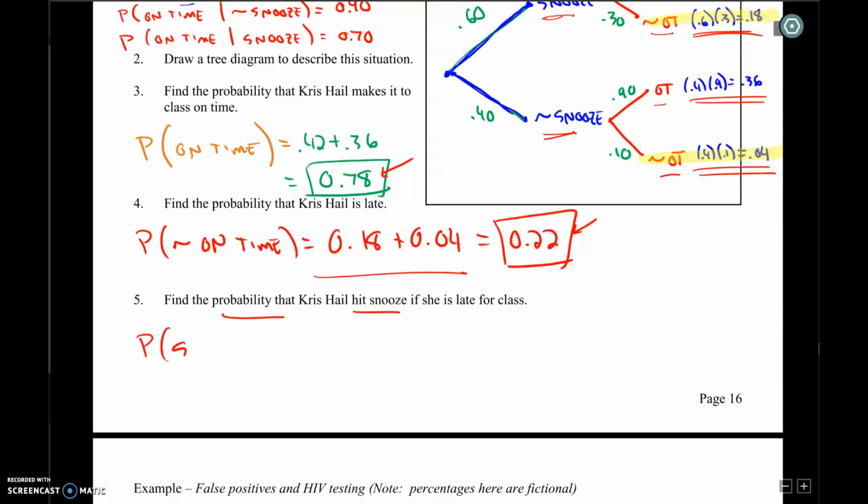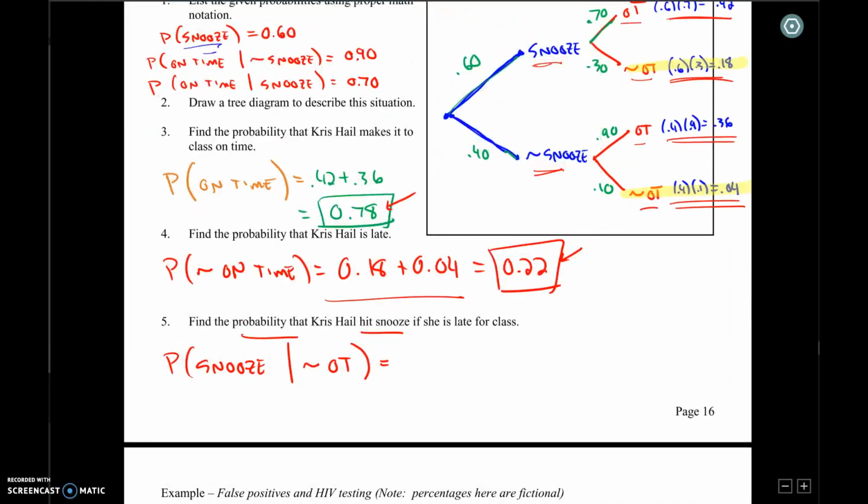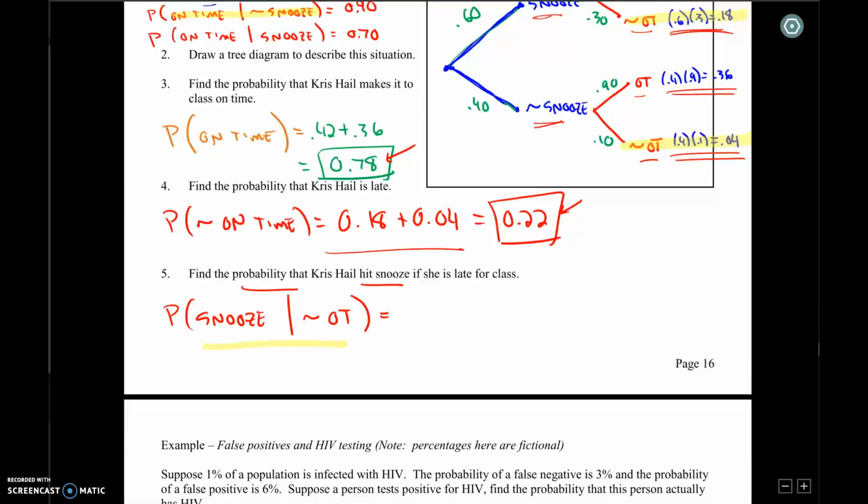This is a probability that she hit snooze given she was not on time. Sometimes this is called reversing the conditions. Notice how these were conditions the other way, and here they want me to reverse the conditions. So usually when you see that, tree diagram's your go-to technique.